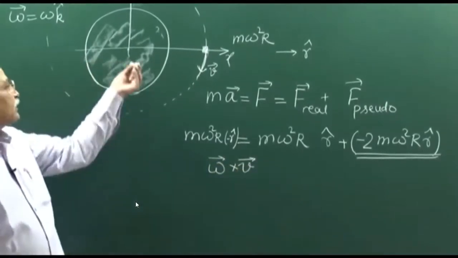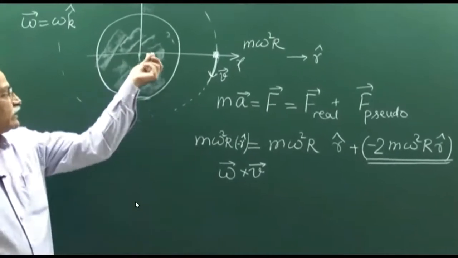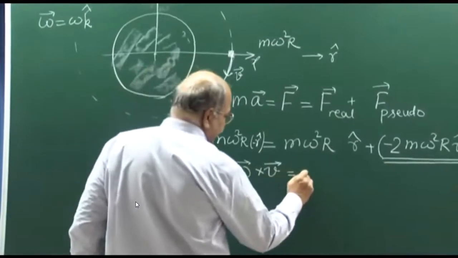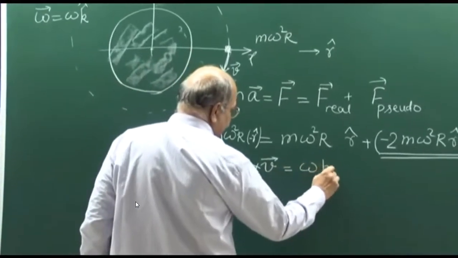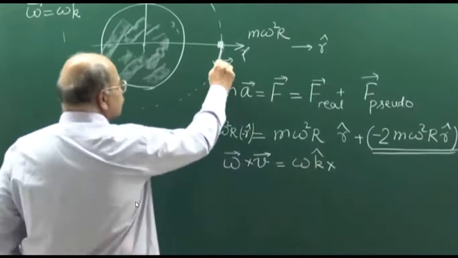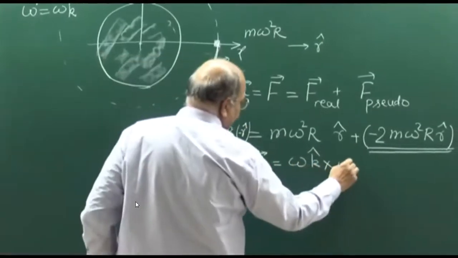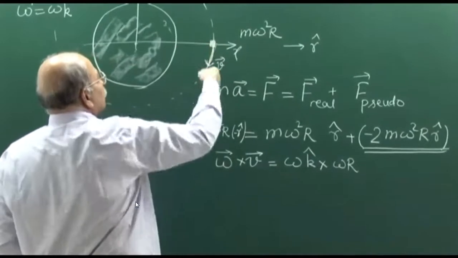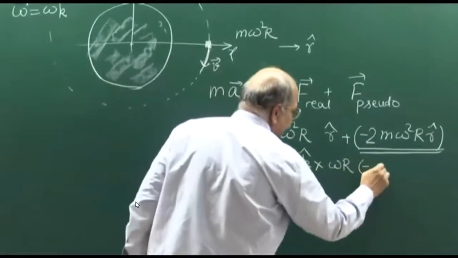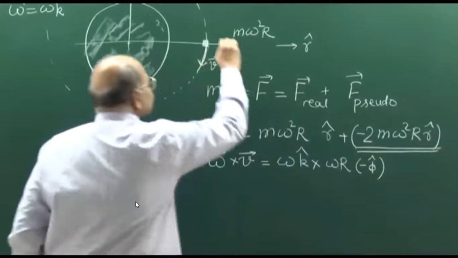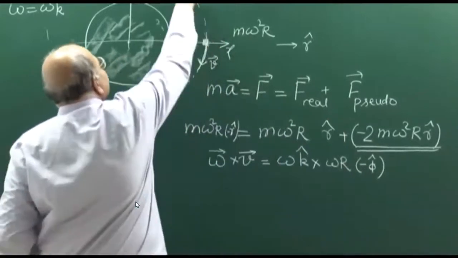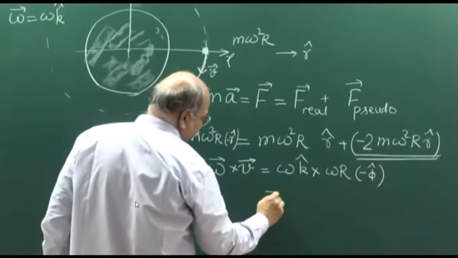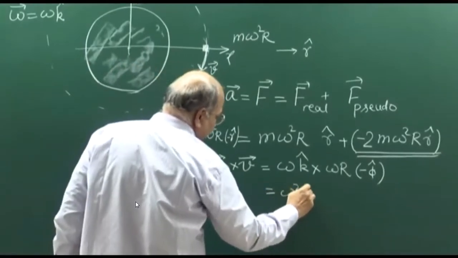Omega, remember, is in z direction, so you can write this as omega k cap, and velocity is v, which is omega times r, and that is in minus phi cap direction. This is plus phi cap direction and this is minus phi cap direction, and this is omega square into r.